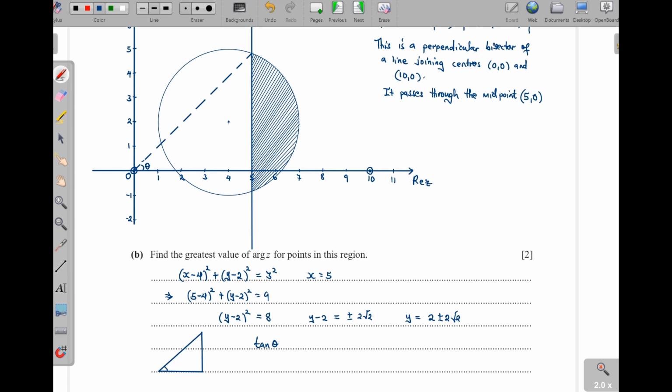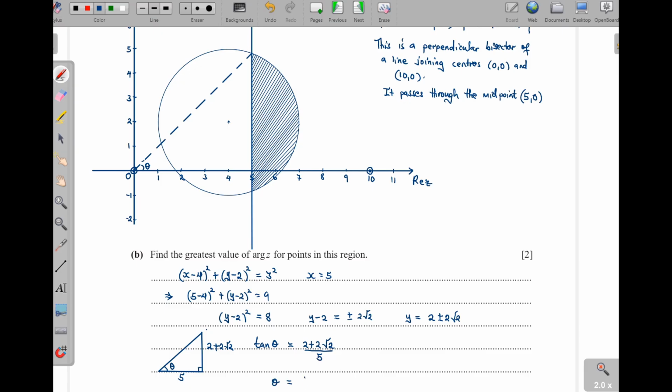Our triangle here, this is the angle, then this whole distance from here to here is the value of y above the x-axis, not so? So we are having 2 plus 2 root of 2, and then this one here is 5 units, not so? 5 units. So using SOHCAHTOA, tan theta is equal to the opposite, which is 2 plus 2 root of 2, divided by the adjacent, which is 5.